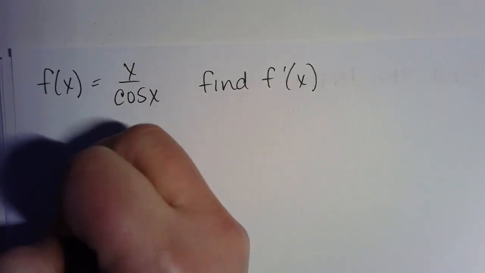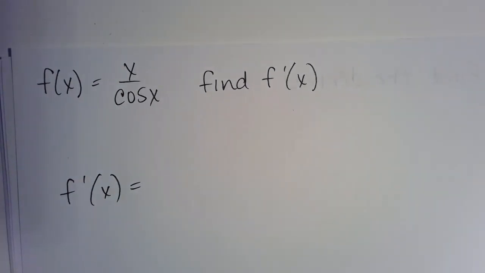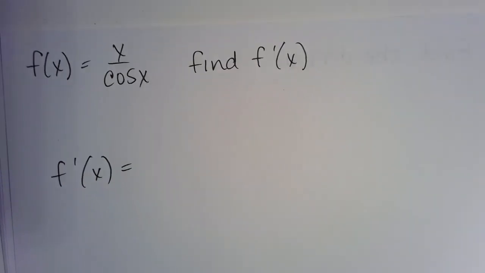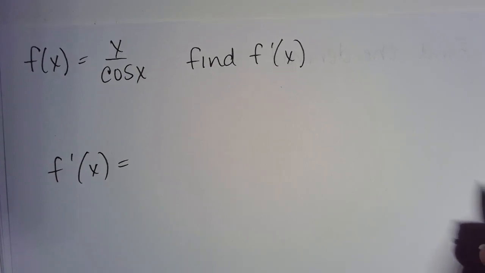I just want to do an example or so of ones that have cosine. So we have x over cosine of x, which means I need to use not the product rule, the quotient rule.